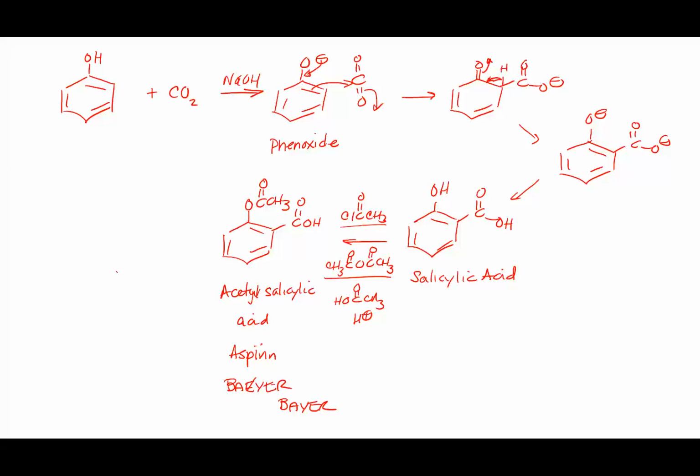The OH on the ring has more electron density than the OH attached to a carboxylic acid. Okay. So that's an industrial prep of salicylic acid that gets you closer to acetylsalicylic acid.